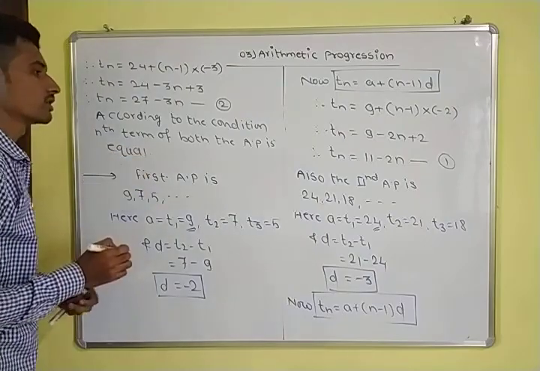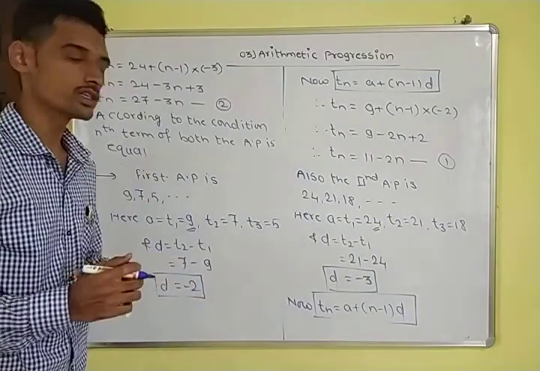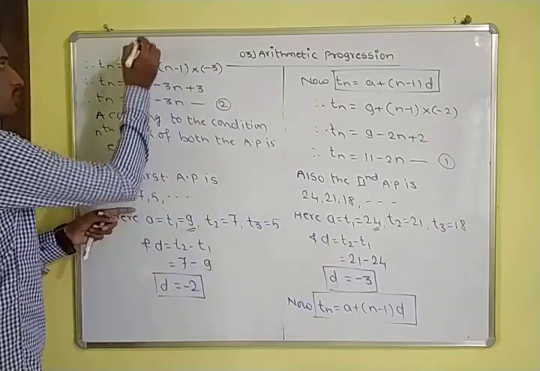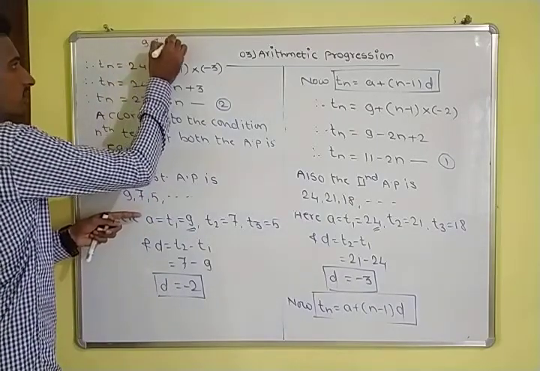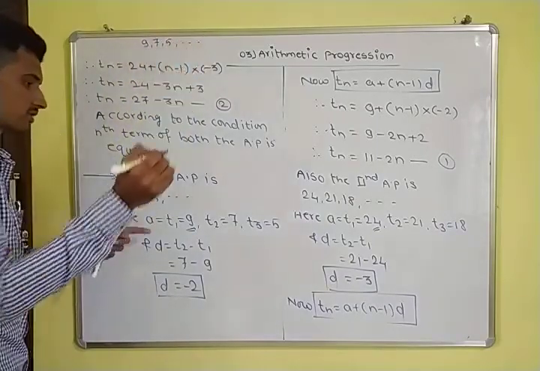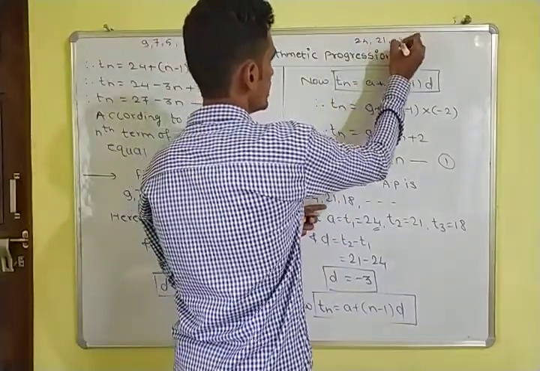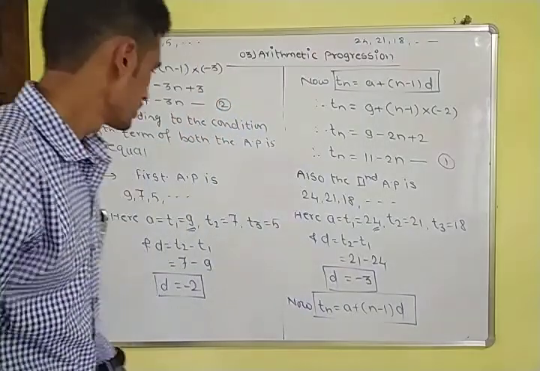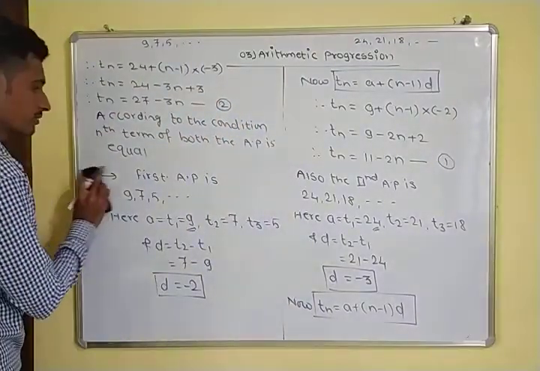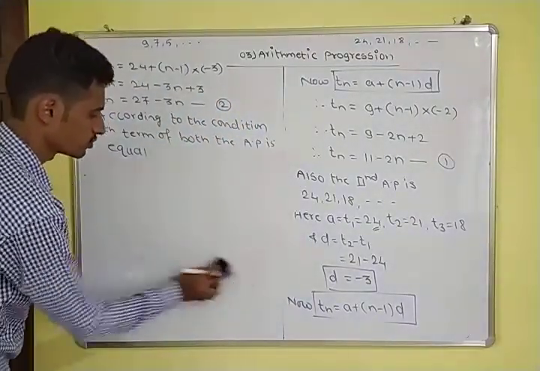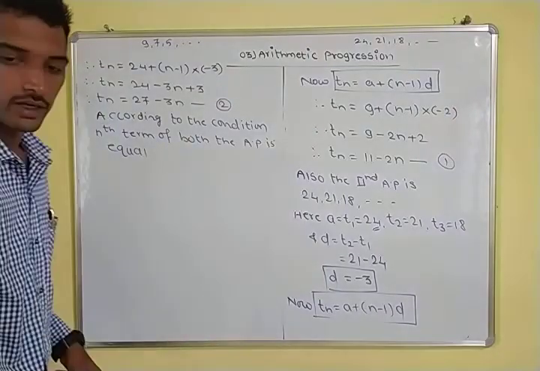The first arithmetic progression, I can write as 9, 7, 5 and so on, and the second arithmetic progression is 24, 21, 18 and so on. So the nth terms of both are equal.